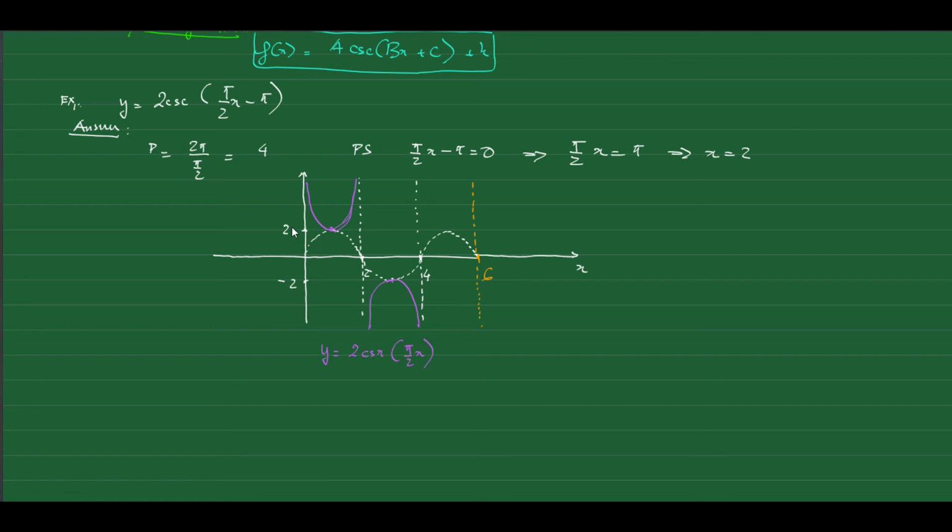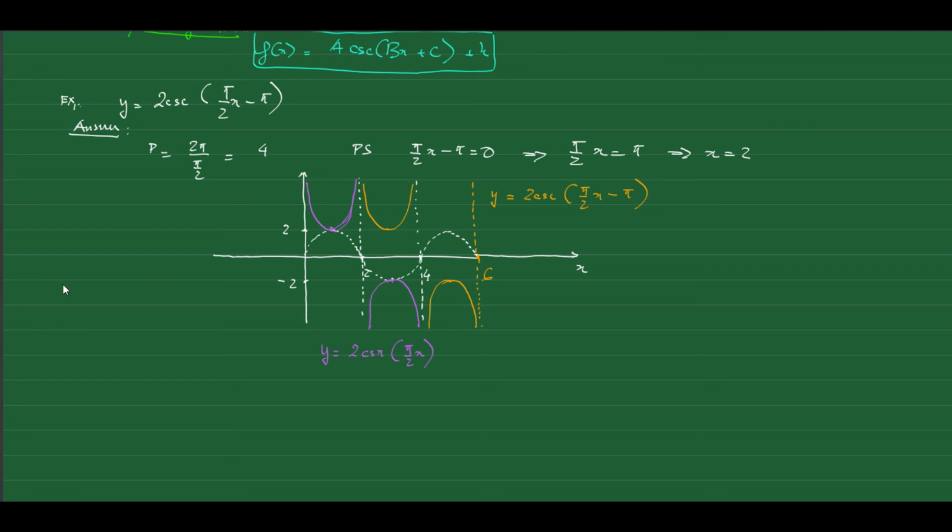Move everything to the right 2 units, and we're going to have something like this. There you go, that is one revolution. So this is y equals 2 cosecant of pi over 2 x minus pi.